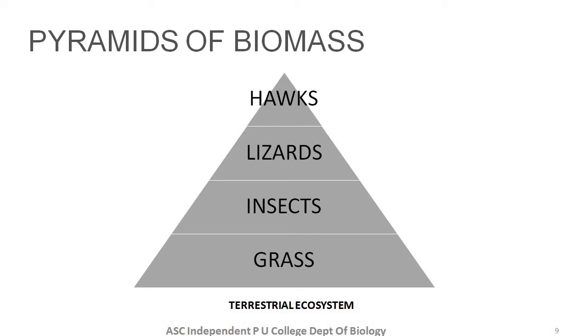If you observe the individuals in each trophic level, the biomass of grass is higher than the other consumers. So the biomass of the producer is more when compared to the insects, the lizards or the hawks. So this is a very good example to explain that pyramids of biomass are upright or erect.